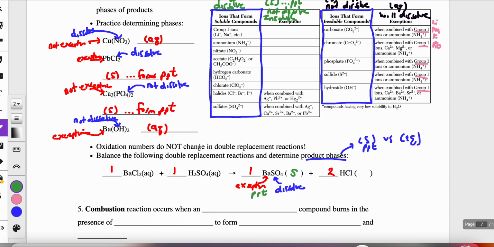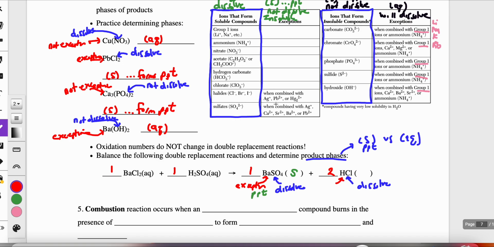Now I need to do the same type of thought process with the other product. So I'm going to look for H or Cl. I don't see H, but there is Cl. So Cl, chlorides, they typically dissolve in water. I see that there are some exceptions, but is this H an exception?